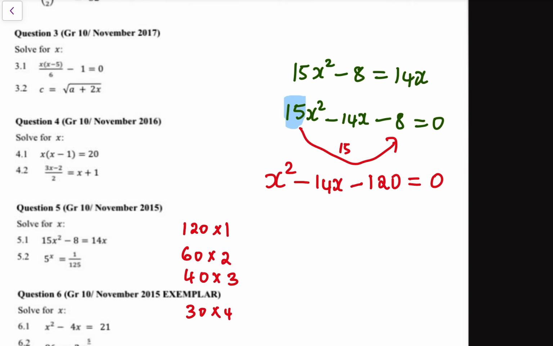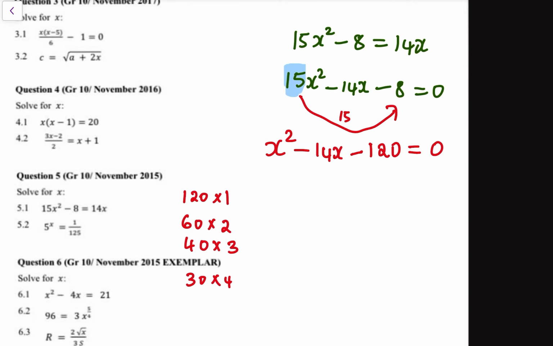We have 24 times 5. We have 20 times 6. I think the ones that we are looking for, we do have them now. Because now we are looking for factors of 120 that we will subtract and get 14. So those factors are 20 and 6, because 20 minus 6 will give us 14.